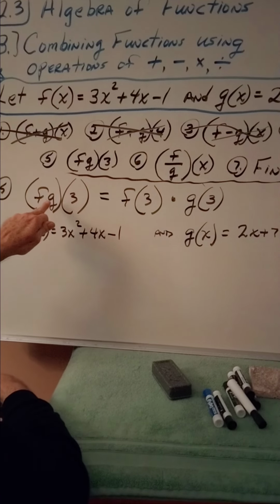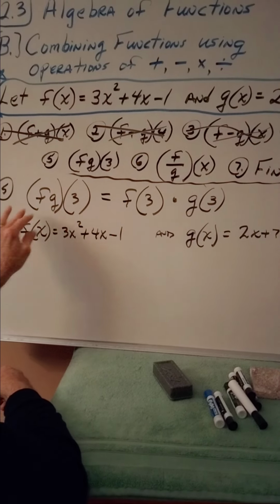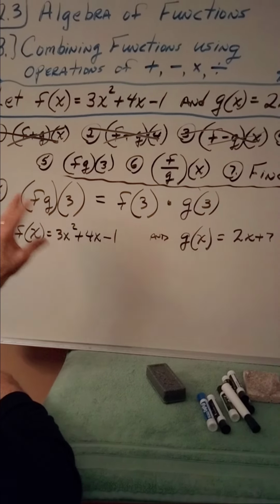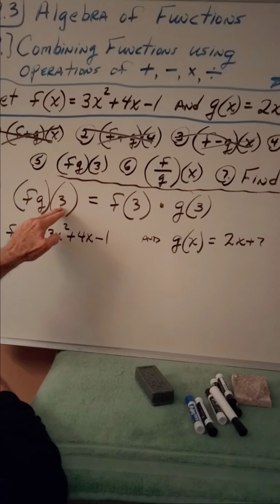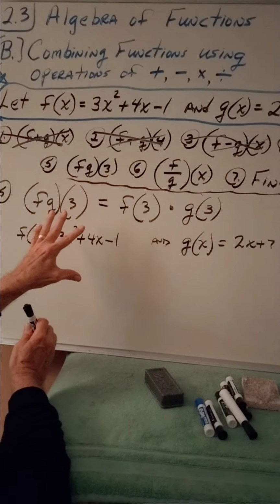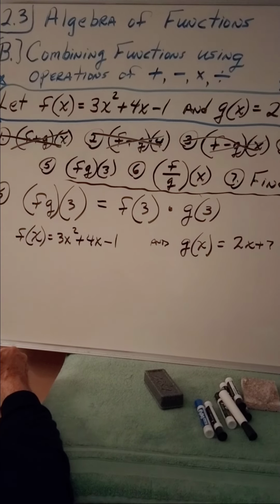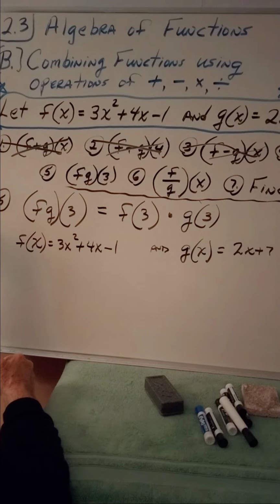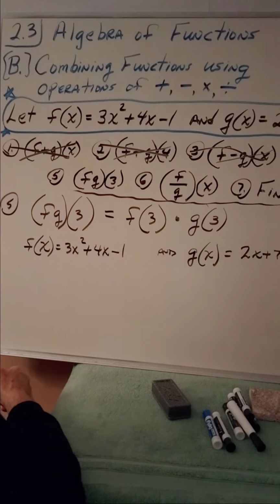Even though this problem is asking you to find the value of f times g when the domain is 3, you could, at the outset, find the value of f times g when the domain is x and get that answer. And then find the value of f times g when the domain is 3, just like we did problems 1 and 2 and 3 and 4. But I'm not going to do that on this one.